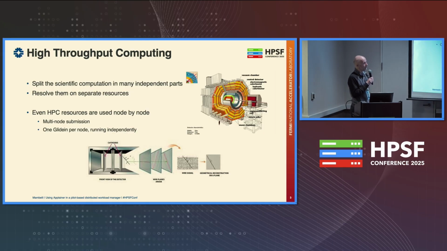So we never use multi-machine when we run on HPC resources. What we actually do is a multi-node submission, but one Glidein, a pilot job that prepares the node and runs the actual scientific work, is running on each node.